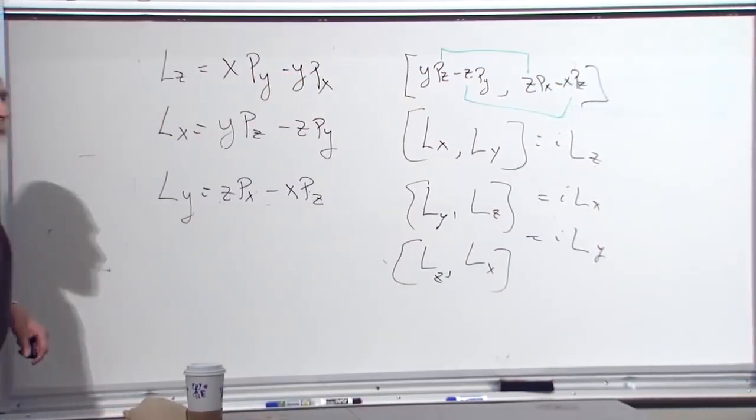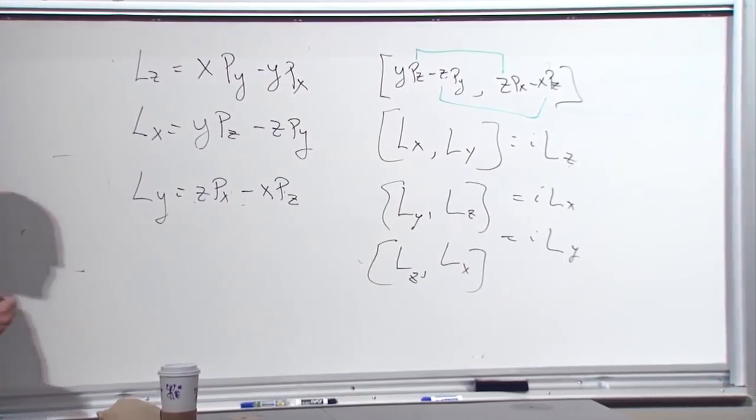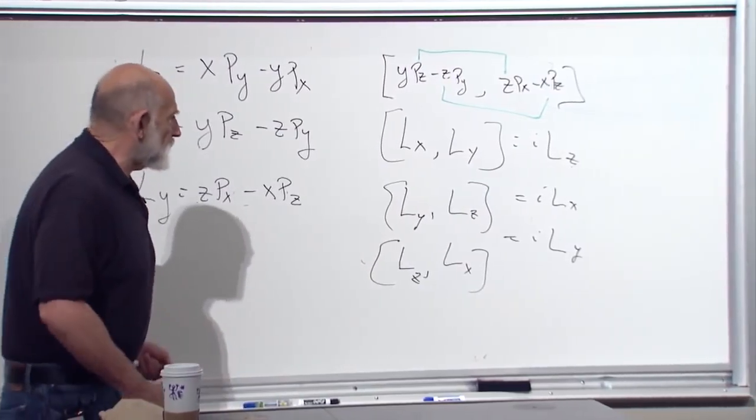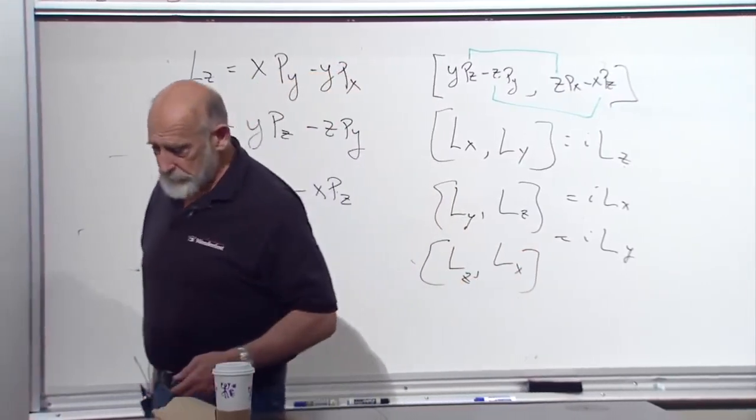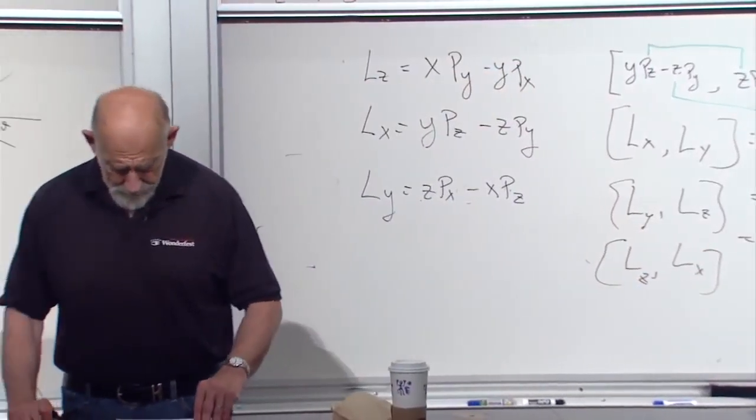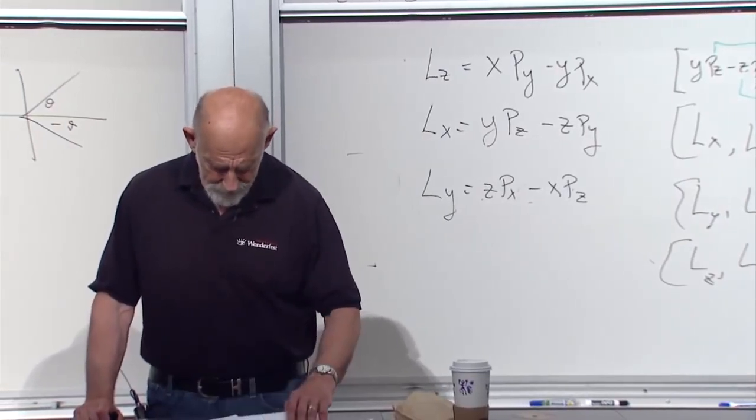Those are our basic commutation relations of angular momentum. If you continue commuting, you won't get anything new. So we've discovered a genuine Lie algebra.